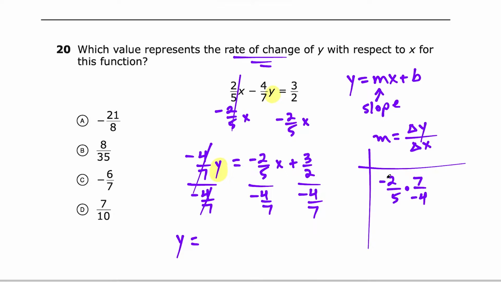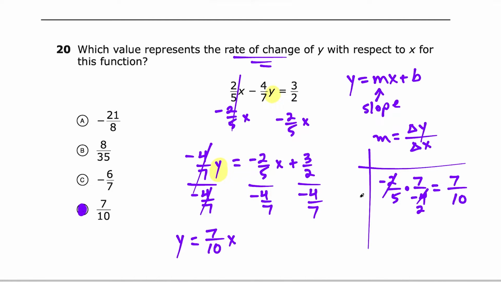And now I have a negative times a negative is a positive, and I could just start to simplify this. 2 over 4 reduces to a half, and now I have 7 on top, and on bottom I have 5 times 2 is 10. And remember, a negative times a negative is a positive, so our coefficient of x is going to be 7/10.